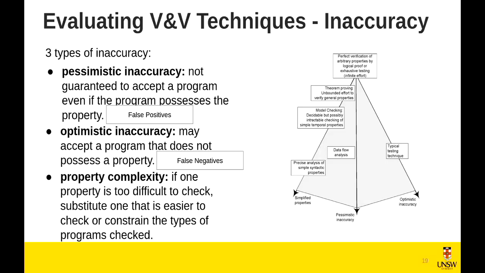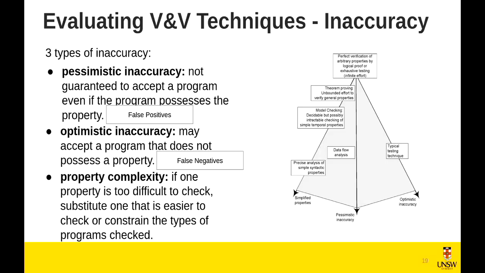It is impossible to convert every real-world scenario into something that is verifiable. So we have to sacrifice certain properties. We have to simplify the properties. And in this simplification process, it may incur some inaccuracy.